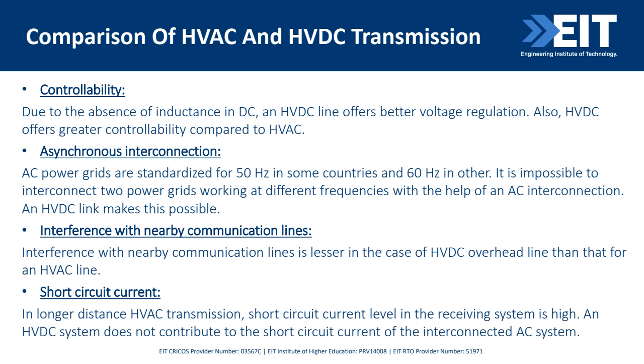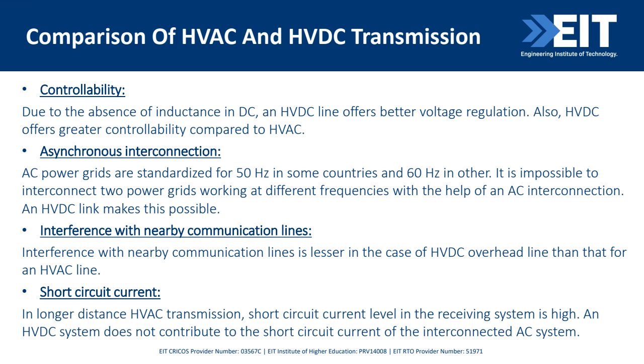In HVAC, we know that we need to do a lot in terms of voltage stability. Sometimes we need to use voltage regulators, sometimes static compensators, in order to manage the voltage on the line. But with DC, we don't have to worry about those controllability issues.